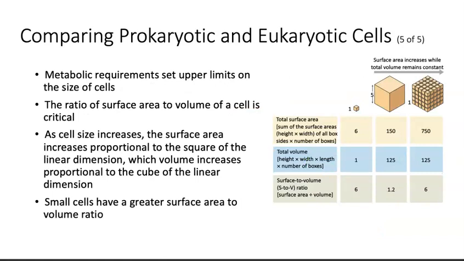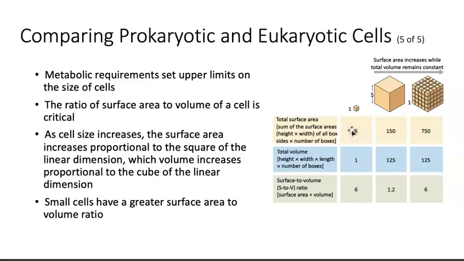One of the things that we learn about cells is that all the metabolism, and metabolism is just a word for all the chemical reactions that happen in a cell, has to happen inside that cell. As a cell gets bigger and bigger, the volume gets much, much bigger, but the surface area isn't getting quite as big.